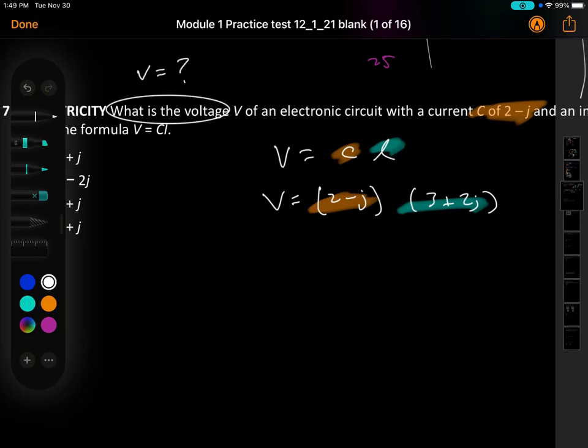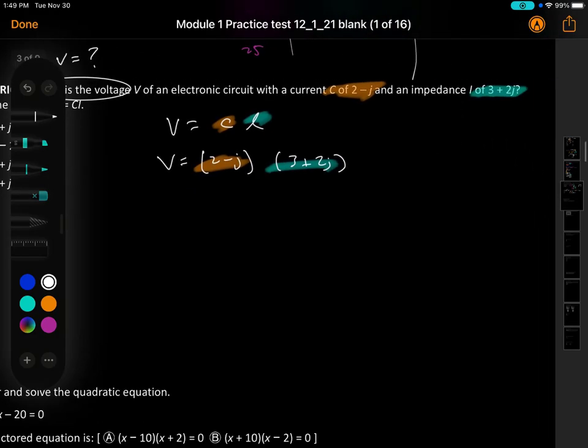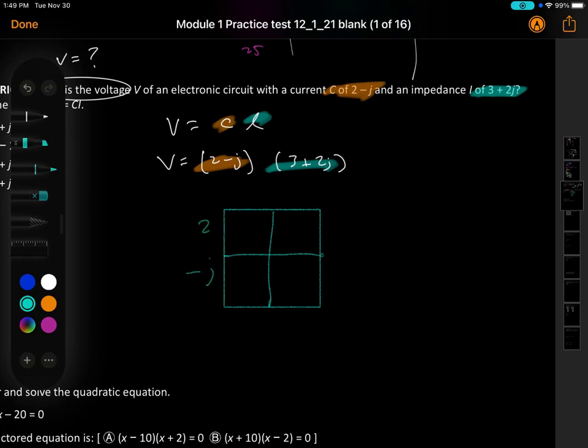So what is V? So here I'm just going to use our box or area model to multiply. And once we get to the j's, you could just take it out and put in i's.